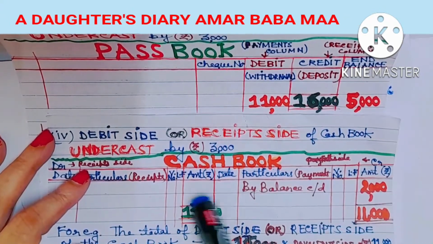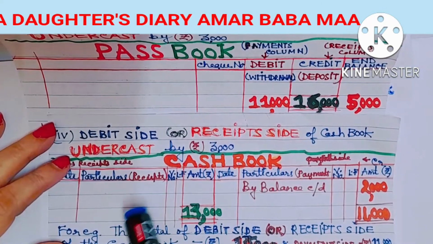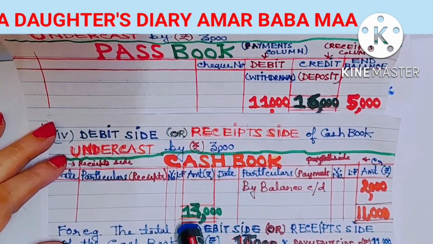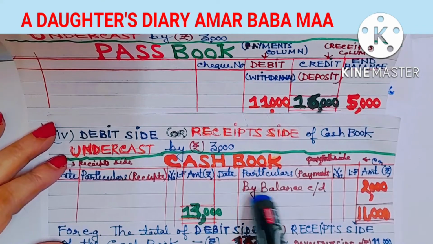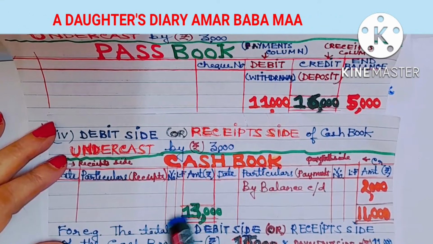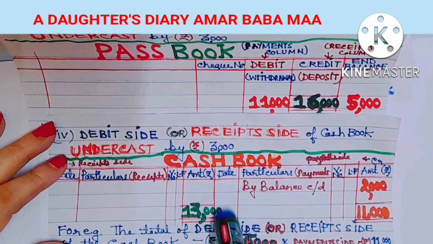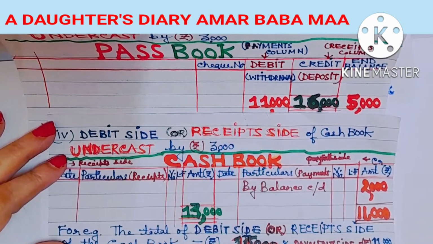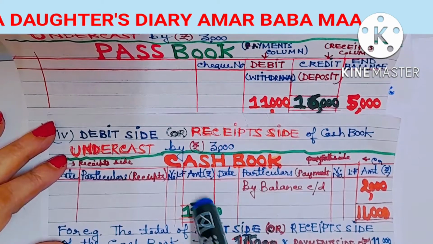But cash book is wrong. The total of debit side or receipt side of cash book is 13,000, which is wrong. The businessman wrote 13,000 instead of 16,000.